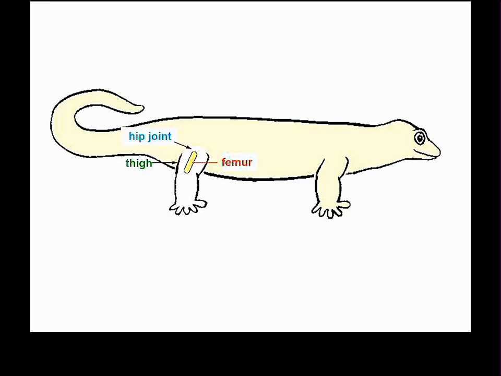And that femur articulates with the pelvic girdle at the hip joint, which is obviously the comparable structure to the shoulder joint. In the leg, you'll see I put lower here. I told you that in anatomy, the part between your shoulder and your elbow is called the arm.